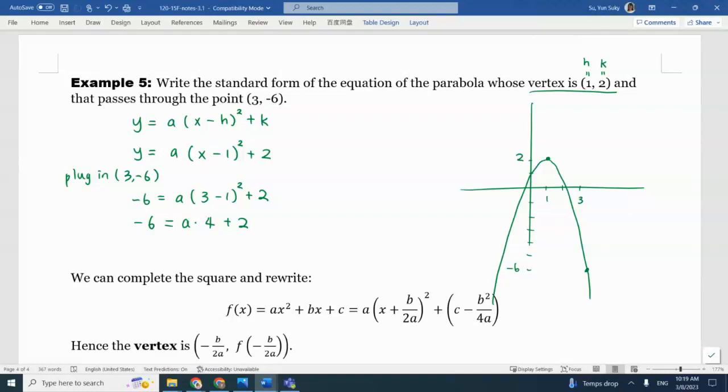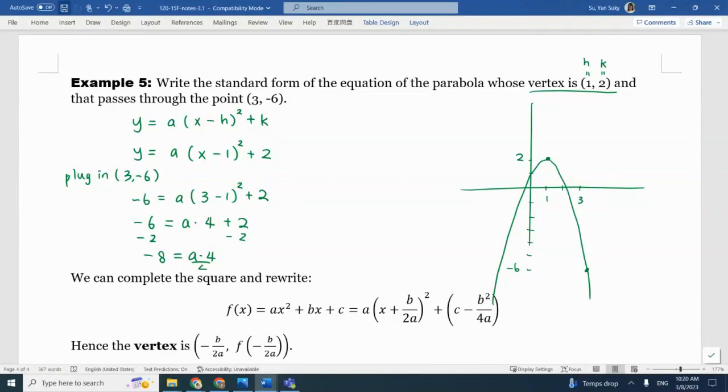What do you do? Okay, Diana, what do you do? We want to find the a, so how do we find the a? Yes. Subtract the 2. And what is -6 minus 2? -8. Haley, what do we do next?